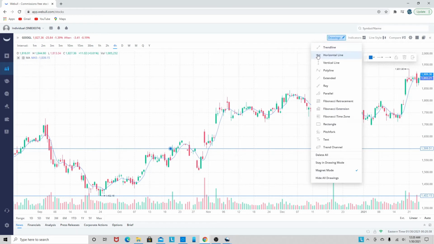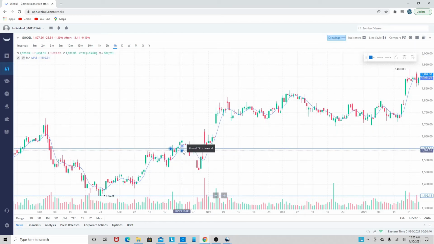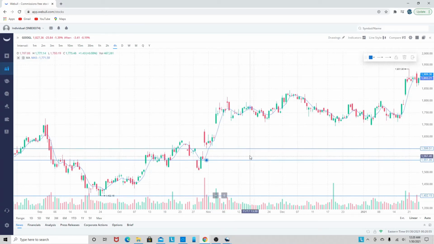And it does have a little bit of support right in here at $1,500. Or that's actually $1,550. I'm sorry. So I'm going to drop my support line in there at $1,550 off of that $1,600 resistance. So we have our resistance and our support right there.